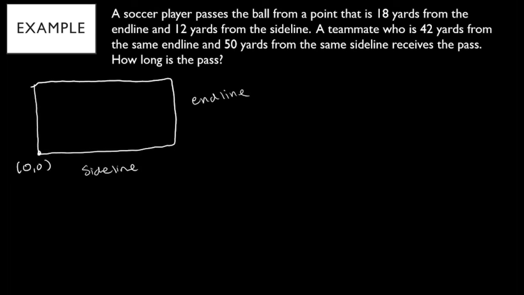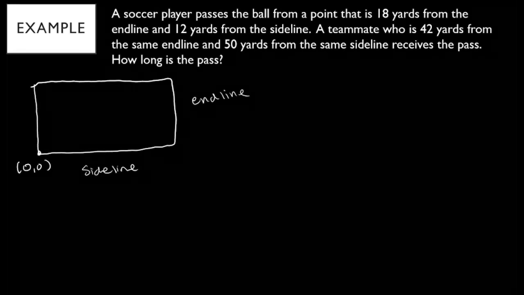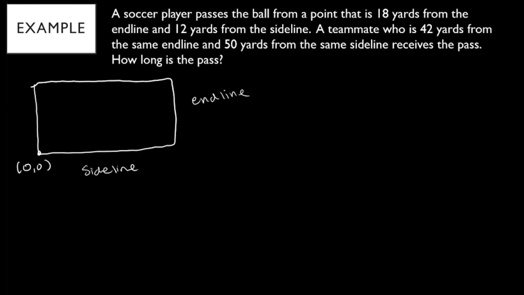You could make the upper left corner 0, 0, and then you'd have some negative numbers and some positive numbers when you're trying to draw your grid here. I'm just picking the lower left because that makes all my numbers positive. But you could put it anywhere you want as long as you've got your distances matching properly.